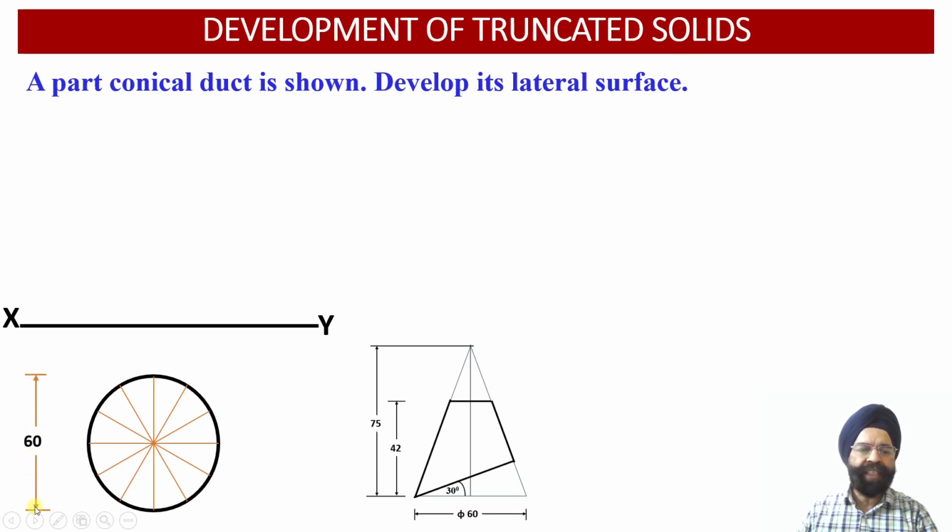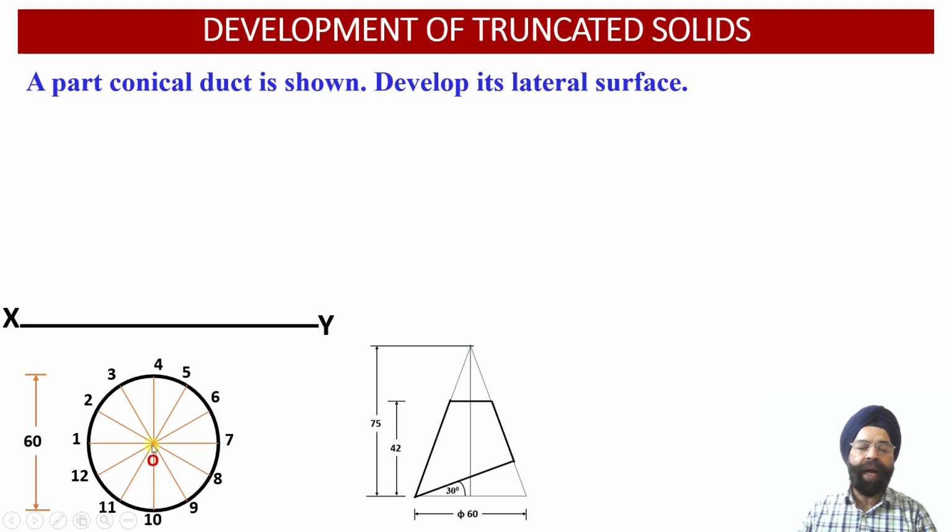So we have marked this diameter as the circular projection onto the horizontal plane. Now we have divided the circular projection corresponding to the base of the cone into 12 equal parts such that the included sector angle for each of these parts will be equal to 30 degrees. So now we have got the representation of 12 points of the base onto the horizontal plane.